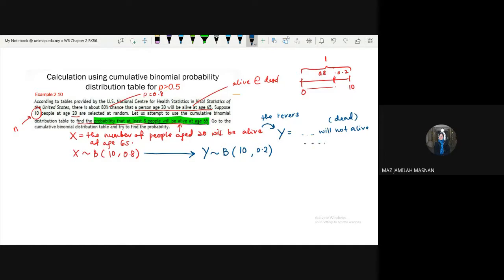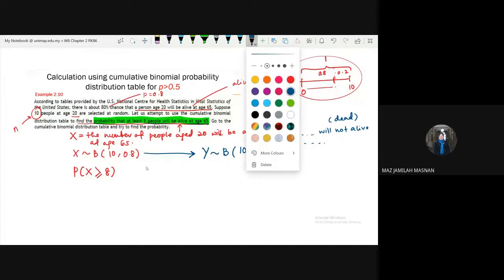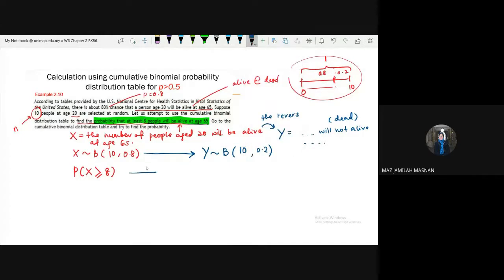Now the question given in the original form is what we call at least, so the symbol would be P(X greater than or equal to 8). Since we are using this concept, this will be transformed into P of Y. If you have greater than, it will be less than.